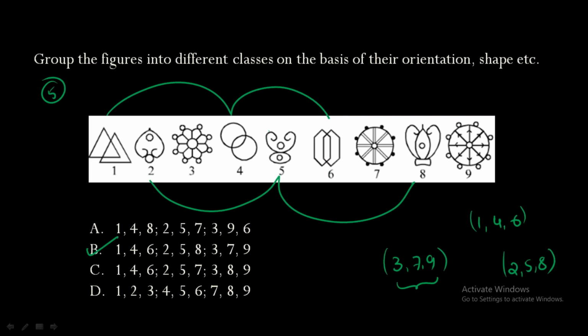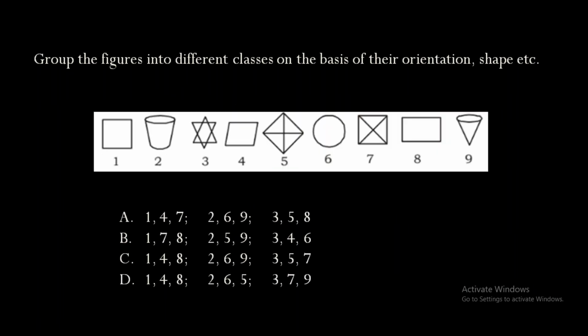See the next one. What about this question? If you try to find the identical figures grouping, 1, 4, and 8 have 4 sides. 3, 5, and 7 have 6 lines.